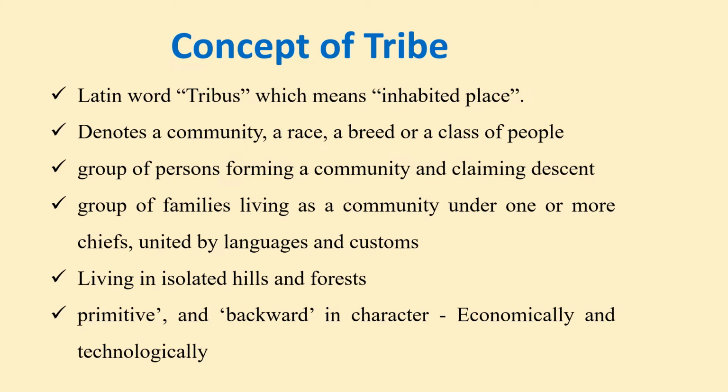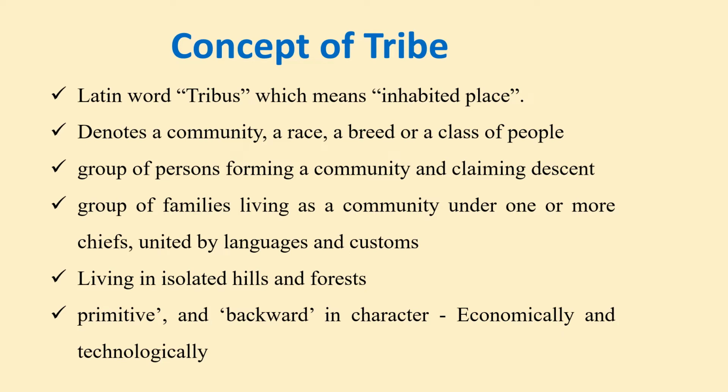So it was simply a territorial social group. It denotes a group of persons forming a community and claiming descent from a common ancestor. Tribe is also regarded as a group of families living as a community under one or more tribal chiefs, united by languages and customs.